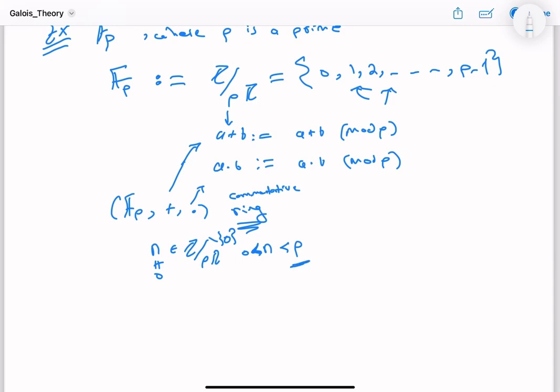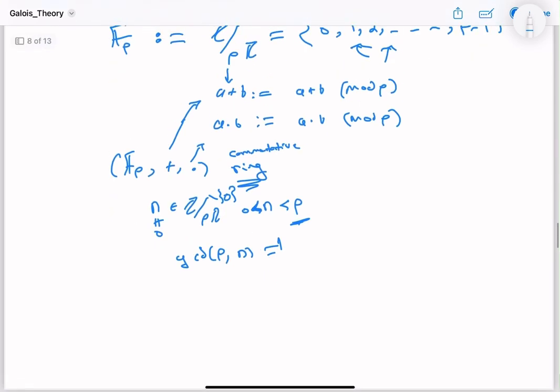Well, since p is a prime, the GCD of p and n is 1, and by Bezout's theorem, you know that there exist integers a and b such that ap plus bn is equal to 1.